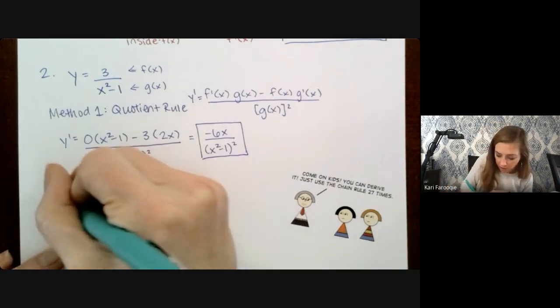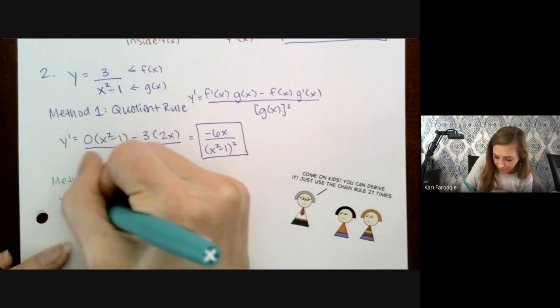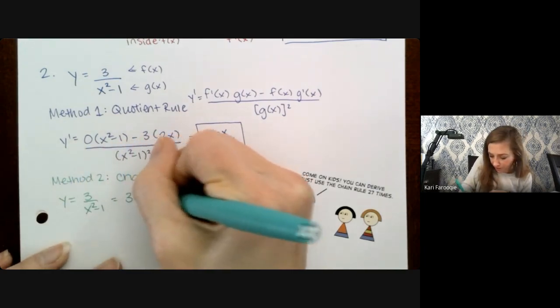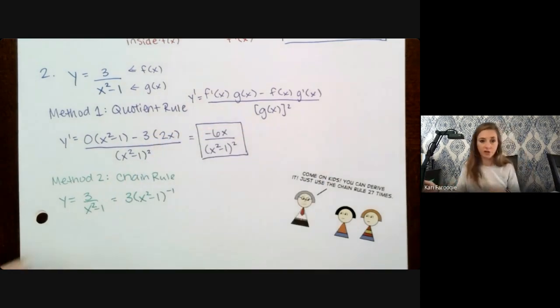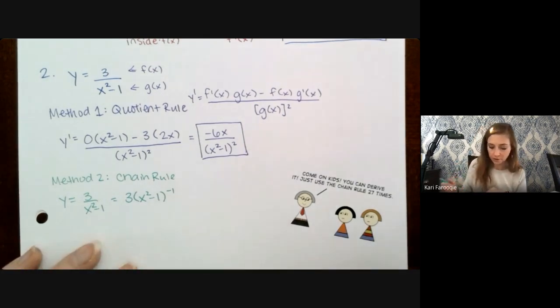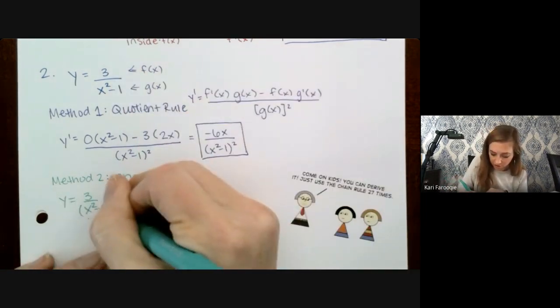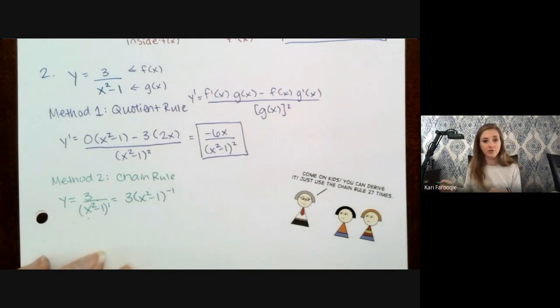I'm going to rewrite it as 3 times x squared minus 1 to the negative first. So we're taking that entire denominator and moving it up into the numerator with the exponent of negative 1. So remember, this was your original function, and you could always think about this as being to the first power in the denominator, and then when you move it up, it becomes the negative first power.